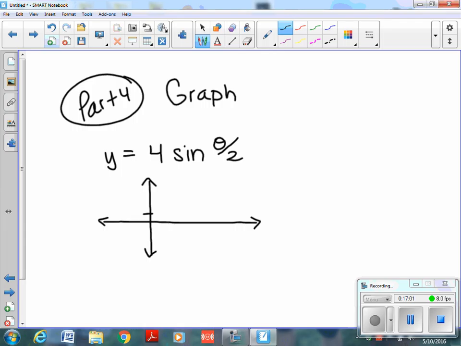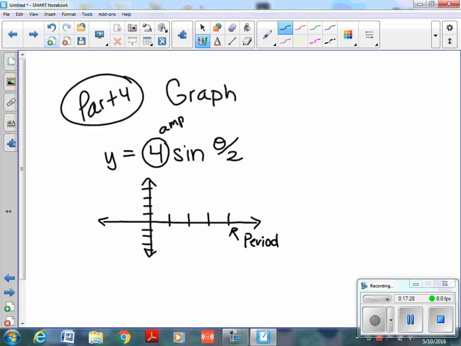I'm going to go up 4, I'm going to go down 4. Every sine graph needs 5 dots. So I need 4 slashes, 1 including the origin. My last slash right here stands for the period. This 4 stands for the amplitude. That's why I went up 4 and down 4.